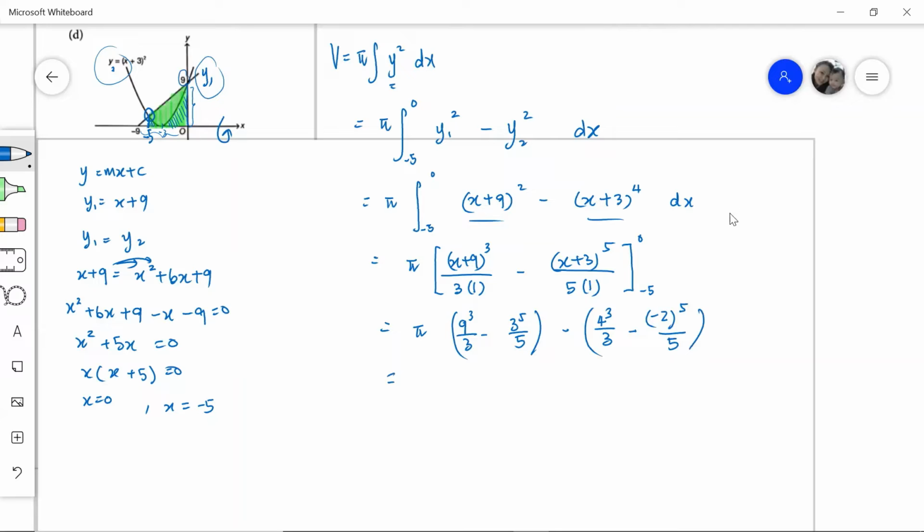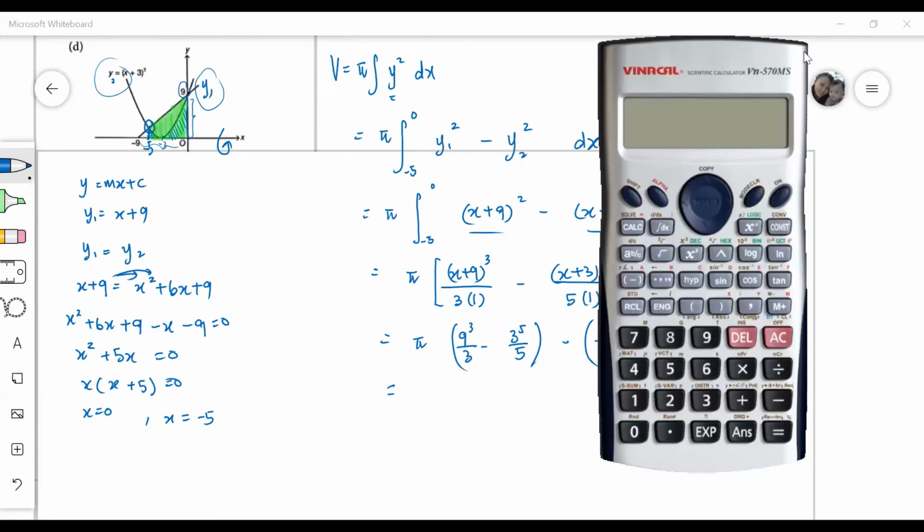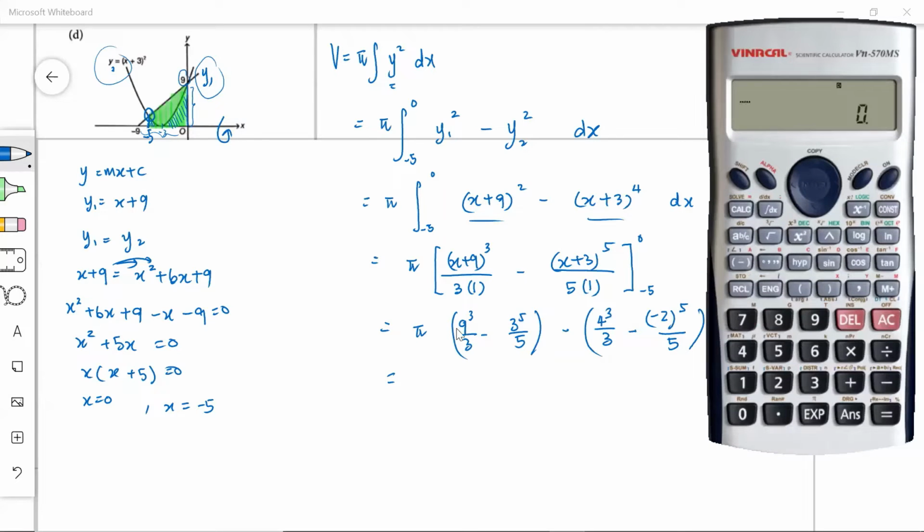Okay, with this, we need the calculator to help us. So let's put in 9 cube over 3 minus 3 to the power of 5 over 5, and then minus 4 to the power of 3 over 3, and then minus the -2 raised to the power of 5 over 5, close bracket.